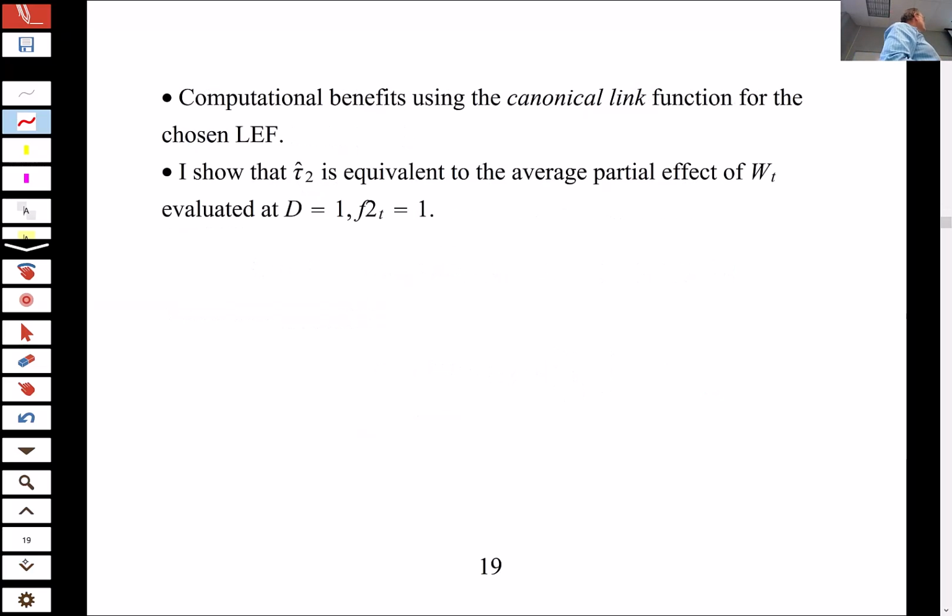When you're actually doing this in a more complicated setting, there are advantages to using the so-called canonical link function with the chosen LEF. With this group, I know I don't have to explain what the canonical link is. There are combinations, and the reason you get this advantage is because you can just pool the data all together and then compute the average partial effect of the treatment indicator, and you get exactly the right average treatment effect on the treated.